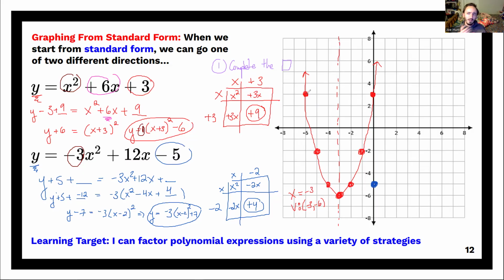Now, you may have noticed that in my earlier explanation, I said that I was going to take that b term, cut it in half, make it negative, and that was going to tell me where it's going to be. That would mean that my vertex is at like -6, but that's not necessarily true, right? Here, the vertex is actually going to be at 2 comma 7, which is nowhere near where I initially said it was going to be, right?